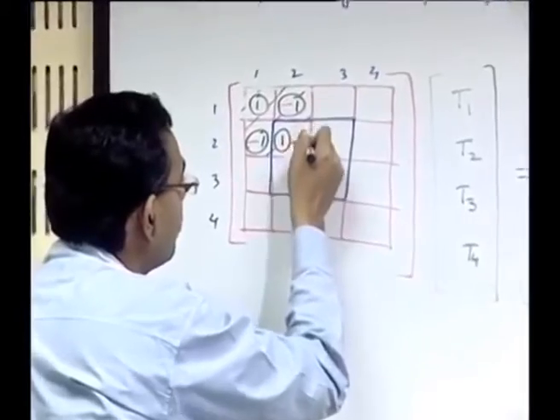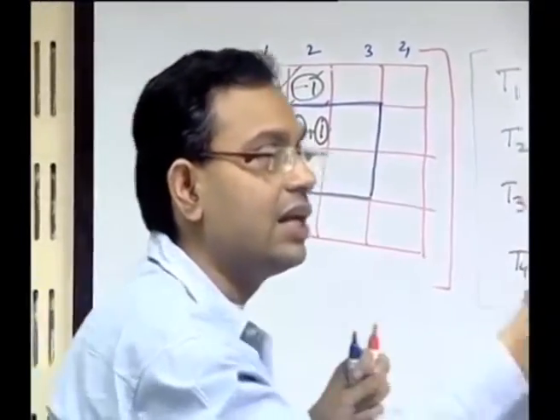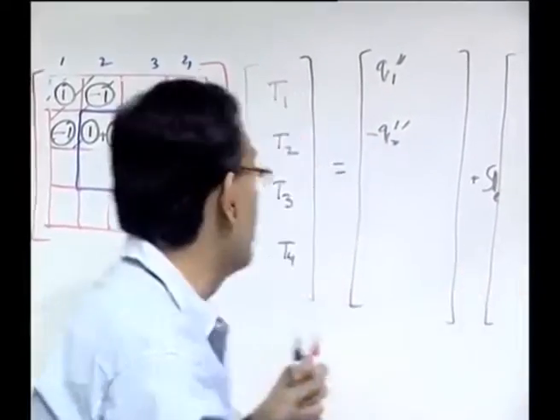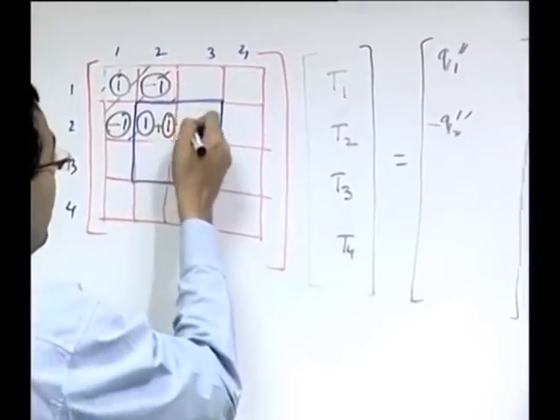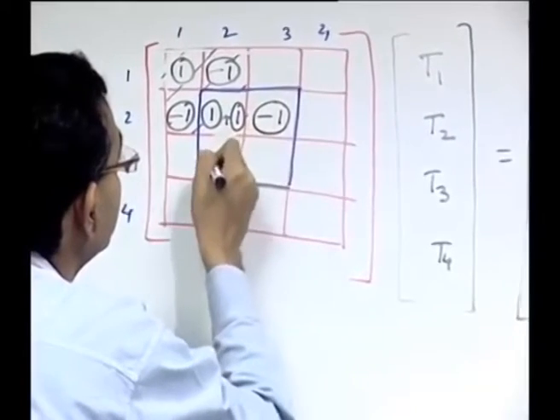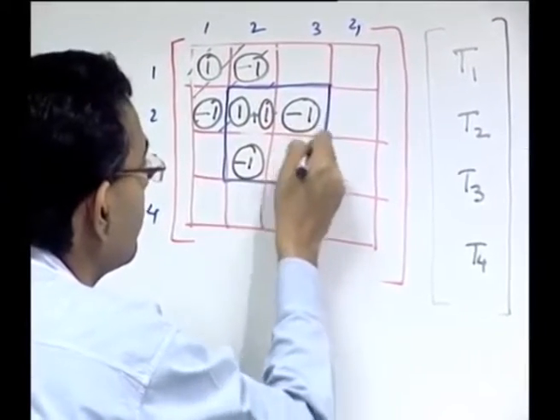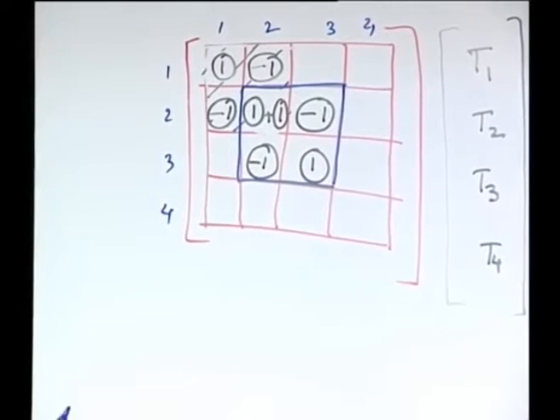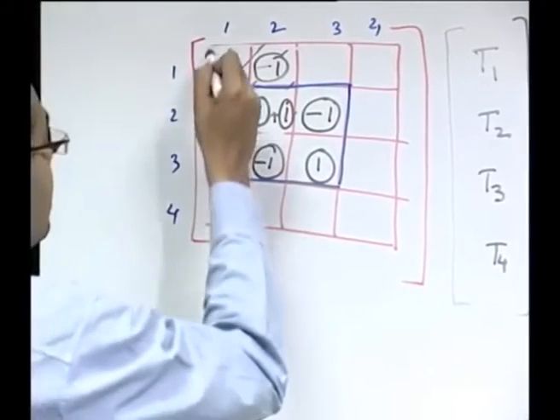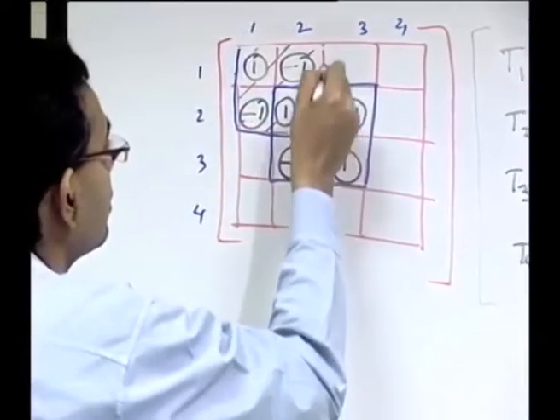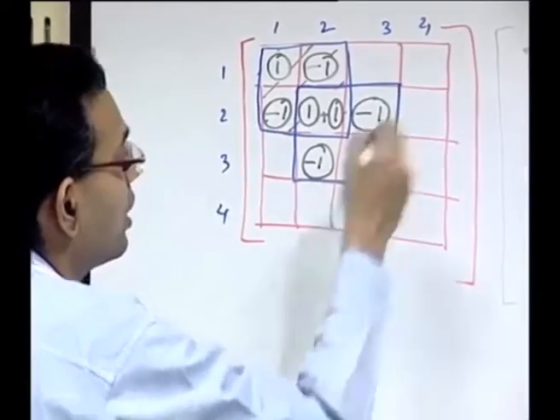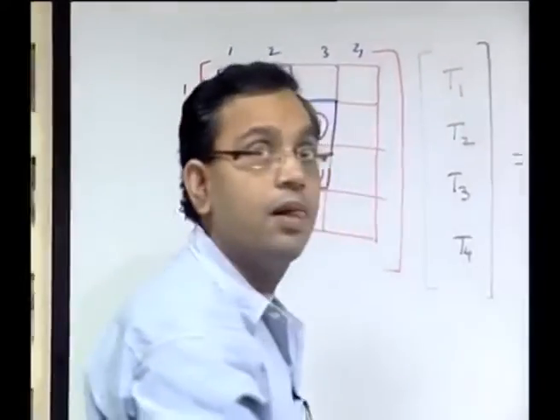Remember you are just linearly adding because it is an algebraic summation over all elements. So, 1 minus 1 minus 1 and 1. Similarly, remember for the first case it was like this, for the second case it is this one. Okay, let us complete the right hand side.